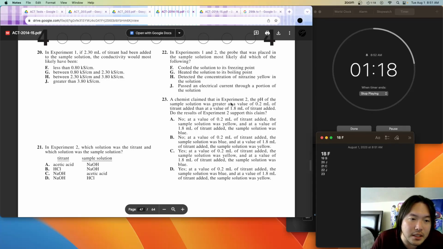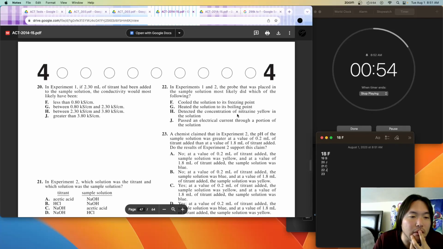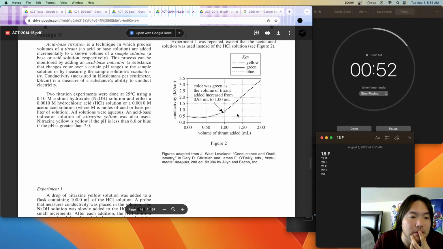A chemist claimed that in experiment 2, the pH of the sample solution was greater at the 0.2 mL of titrant added than at the 1.8 mL of titrant added. Do the results of experiment 2 support this claim? No. That's a very strange thing to say.